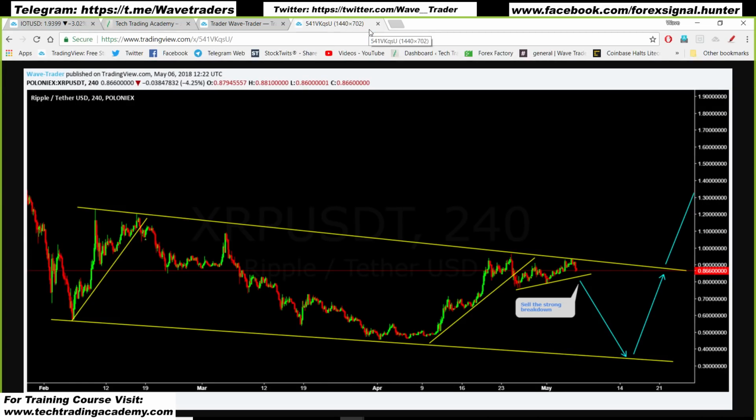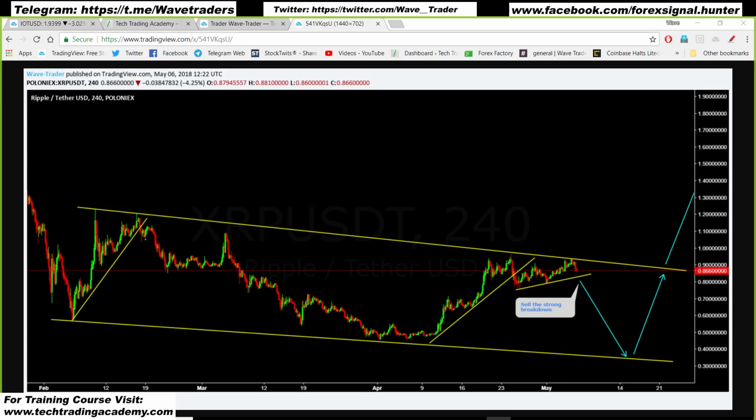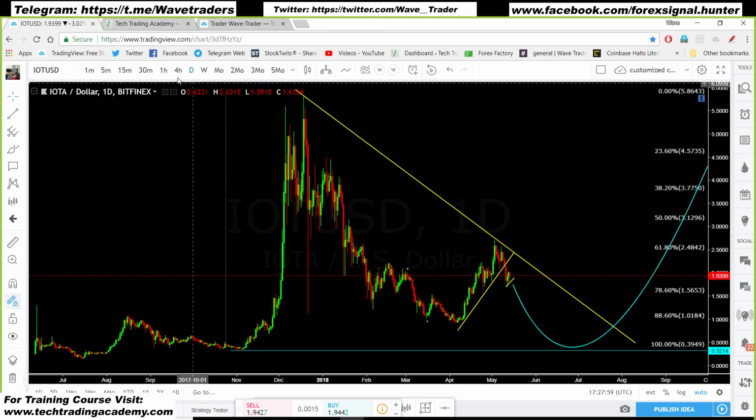This is a Ripple chart. We were looking for this correction to break down, give us one more drop, and then buy. Same pattern formation on all altcoins which are running against the dollar. I think I have updated that chart.